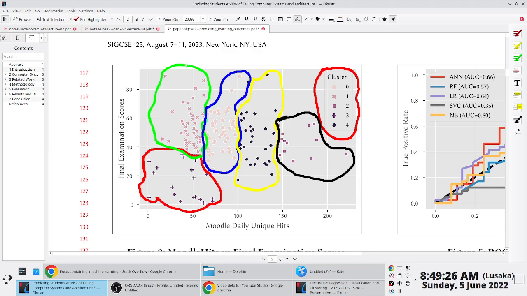We see some pretty interesting patterns, perhaps related to the frequency of accessing Moodle, the engagement with the course. We see that there could be some sort of a correlation between those that engage more with the course versus those that don't. We can see here that the vast majority of people failing, those in red here, are those that will access Moodle less frequently, right?